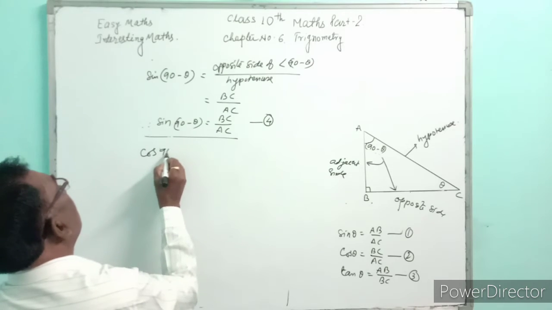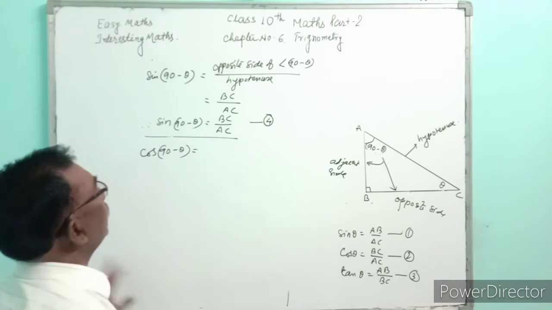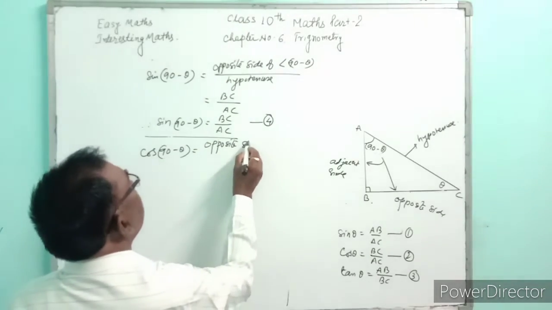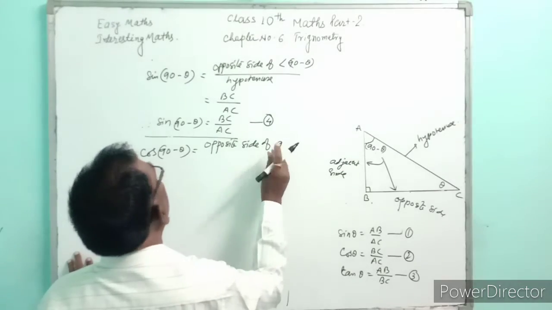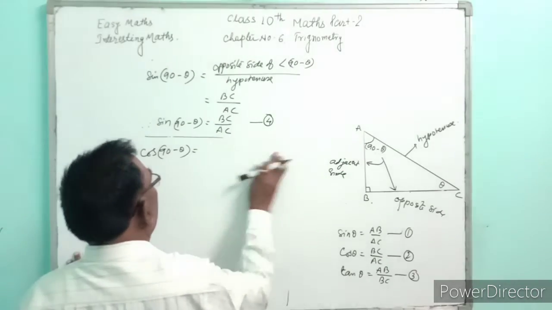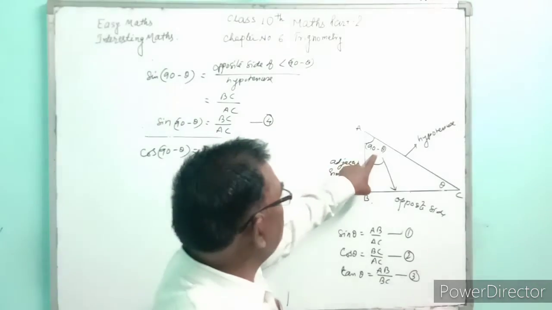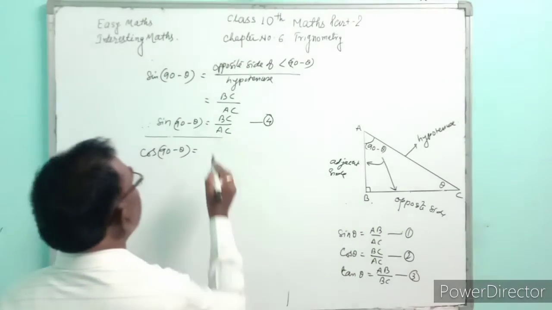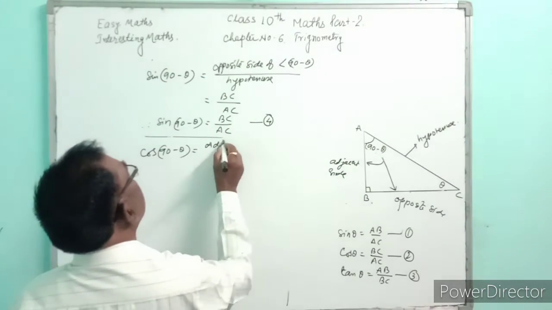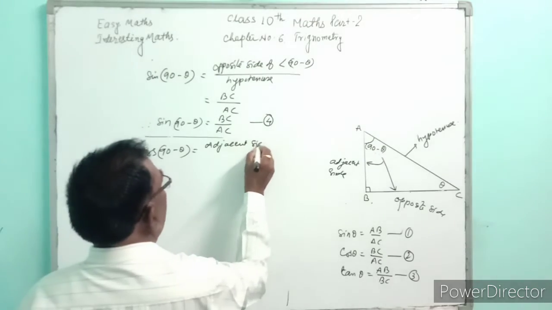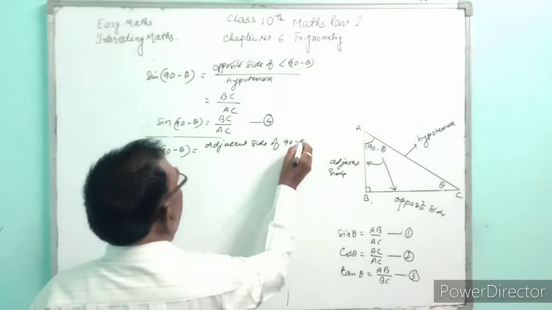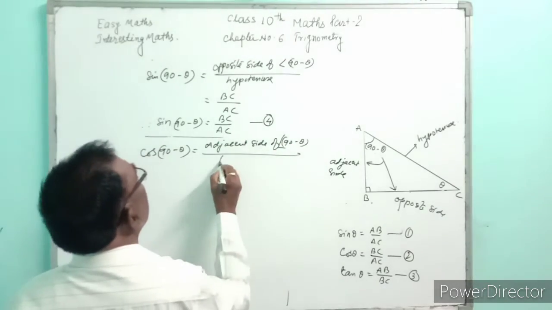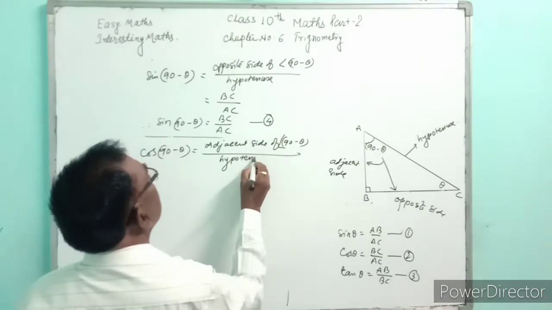Cos 90 minus theta is equal to adjacent side of 90 minus theta upon hypotenuse.